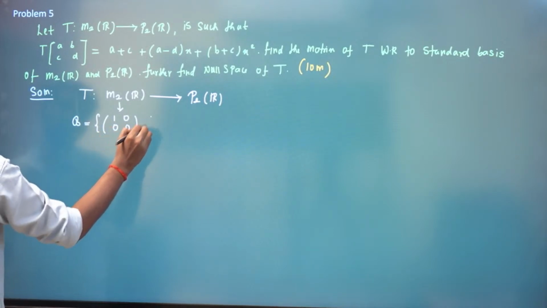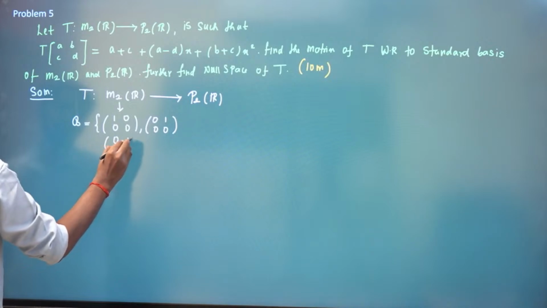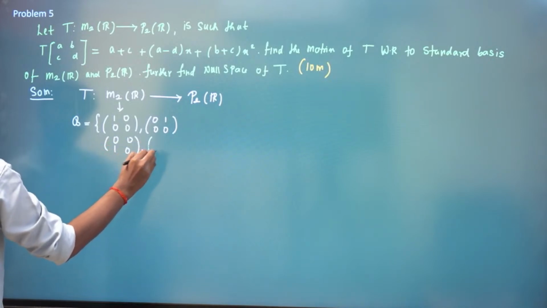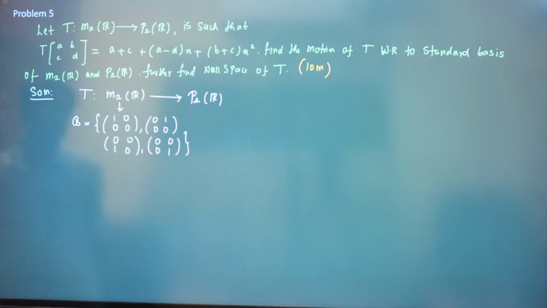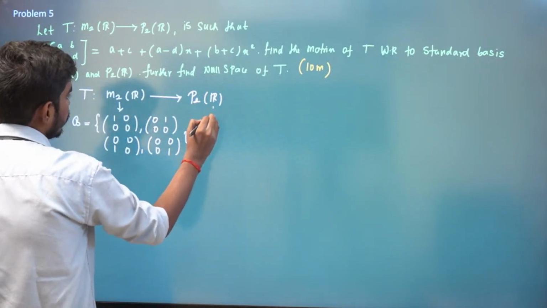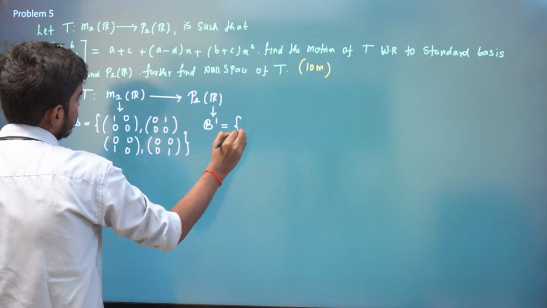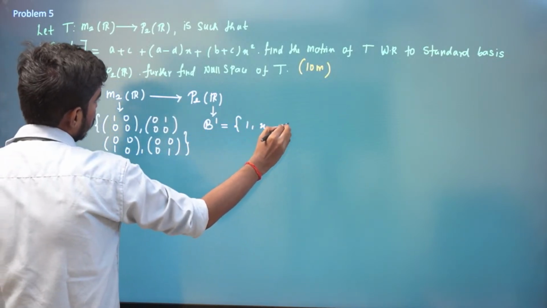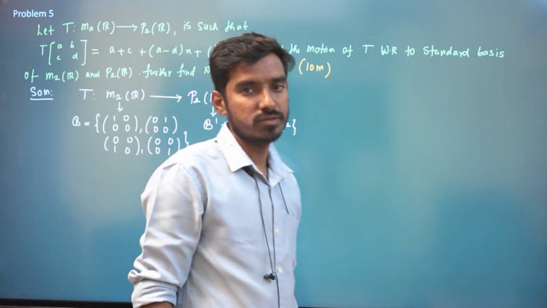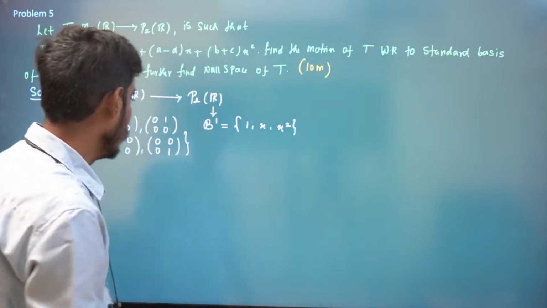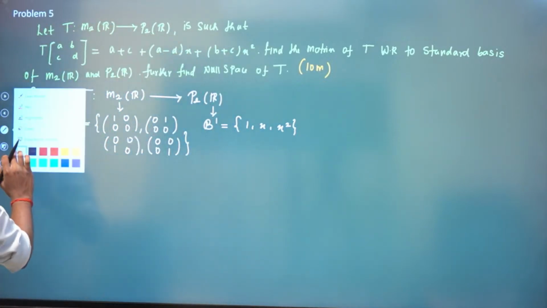It is 1 0 0 0, 0 1 0 0, 0 0 1 0 and 0 0 0 1, right? And what is the standard basis for P2 of R? Let us call this B dash. It is 1, x, x square, right? With these three vectors, I can span P2 of R. Now, we need to find the matrix of T with respect to the basis.